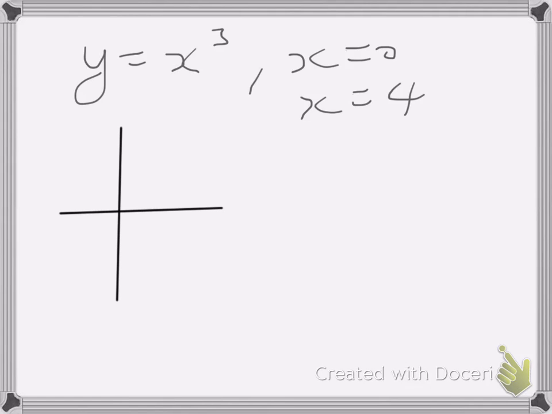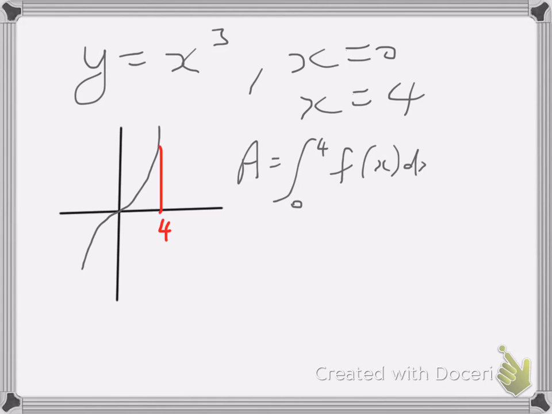So I draw some curve that looks something like this. I've got a line here at x equals 4. It turns out that the area equals this integral from 0 to 4 of f(x) dx, where f(x) equals x cubed.